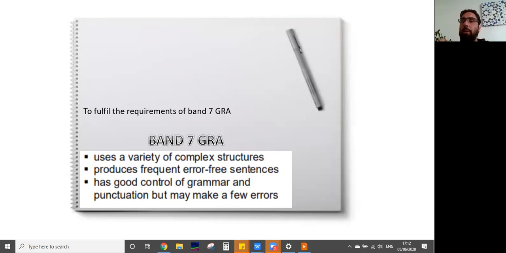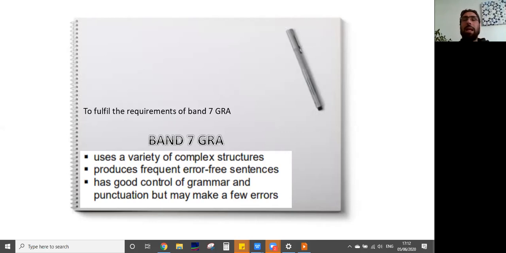It would be very good if you can use a defining relative clause and a non-defining relative clause. It's not that necessary that you use lots of different pronouns and reduced defining relative clauses. It's enough if you have a defining relative clause and a non-defining relative clause in there. It shows that you know how to use relative clauses.